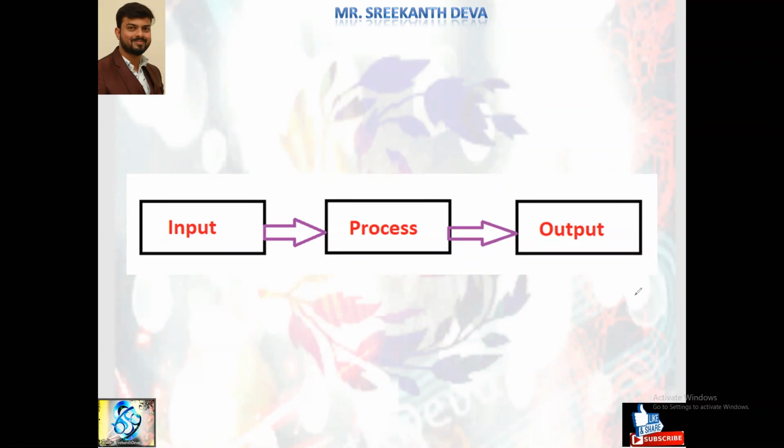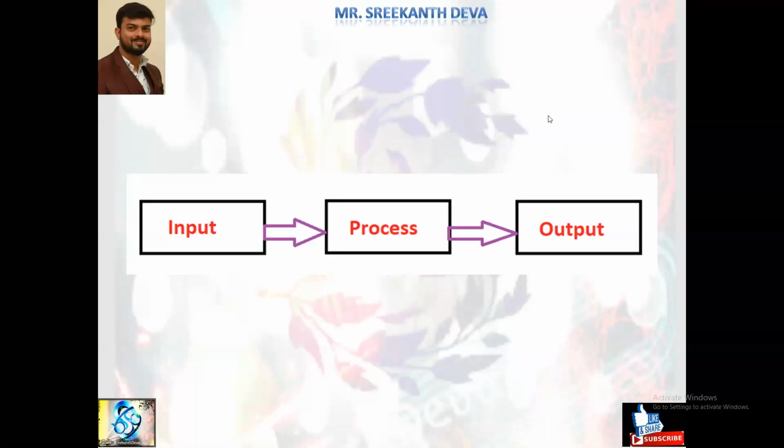Just remember it. We'll discuss binary language in detail with the classification of computers, generations of computers, and different types of classifications of computers. Fine, I hope you understood what is input, what is process, what is output.